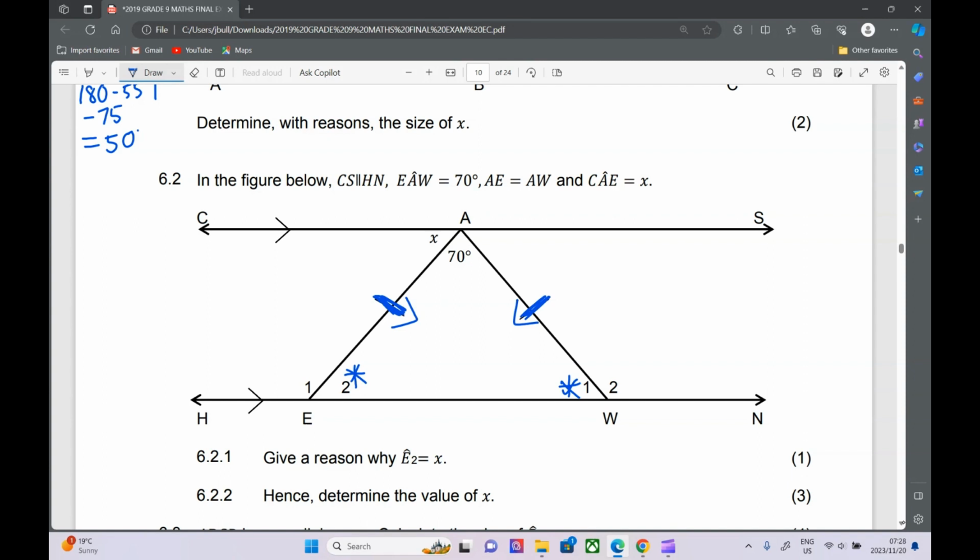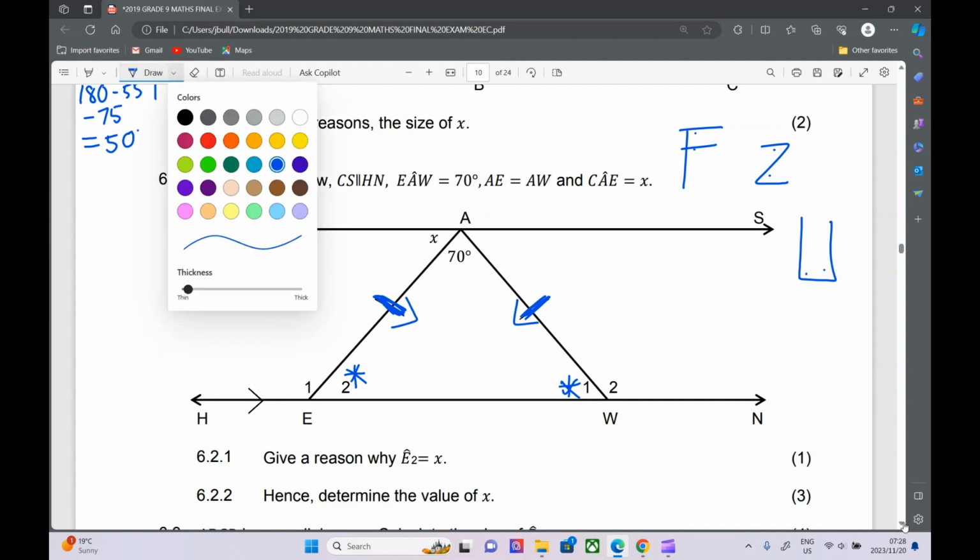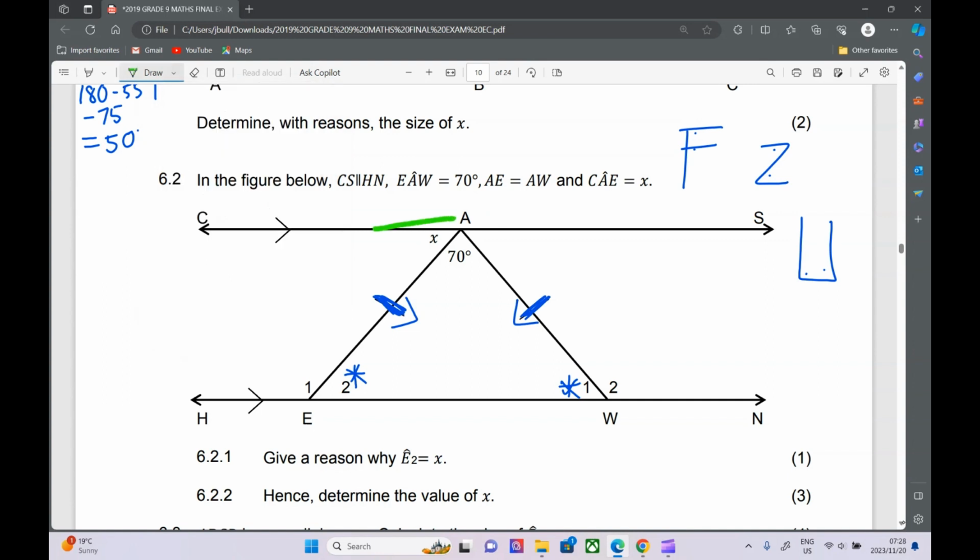Okay, so with parallel lines, remember we can always be looking for that F shape, the corresponding angles. We can be looking for the Z shape, the alternating angles, or we can be looking for the U shape, the co-interior angles. So here, if we actually check with this E2, we've actually got that Z shape. So that means that X is equal to E2.